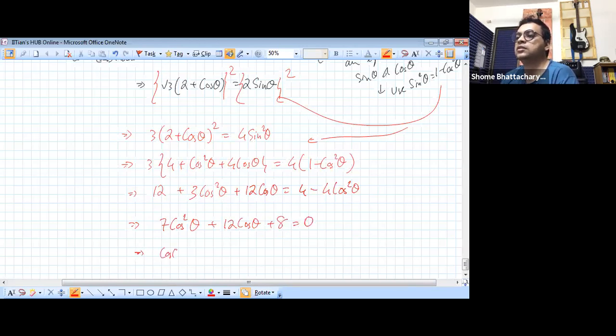So we have cos theta is equal to minus 12 plus minus root of 144 minus 56 into 4. So how much will that be? $224.